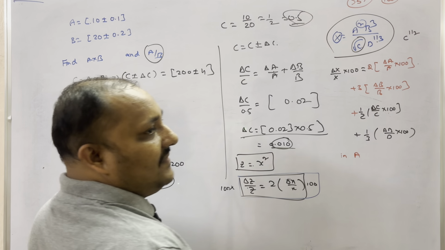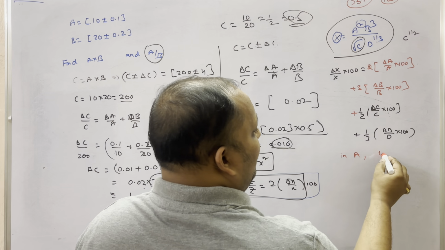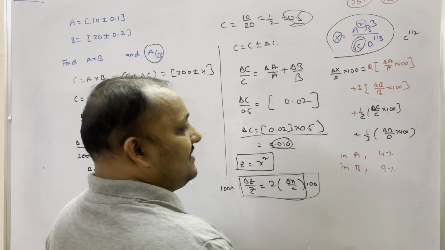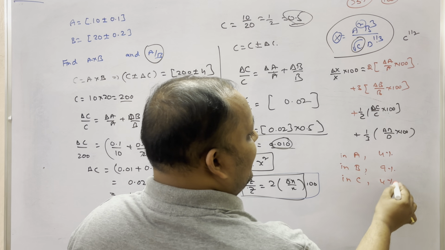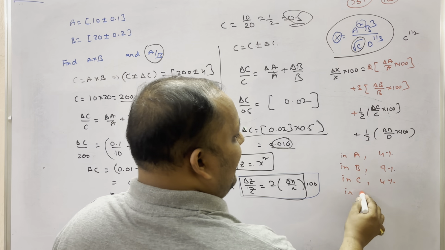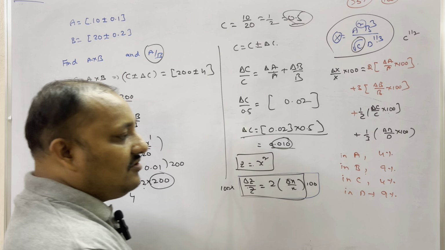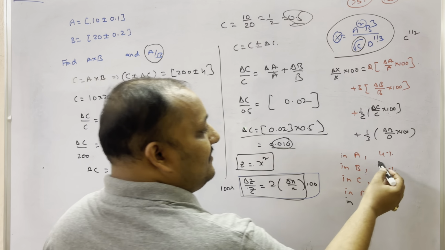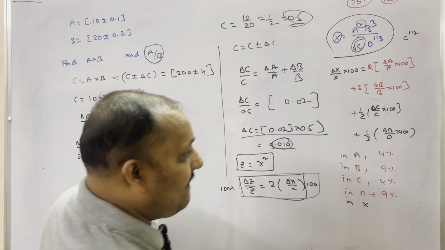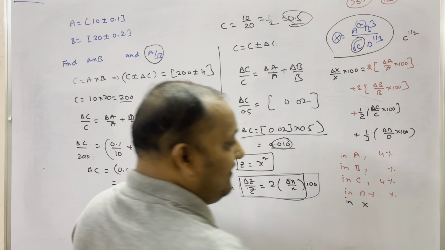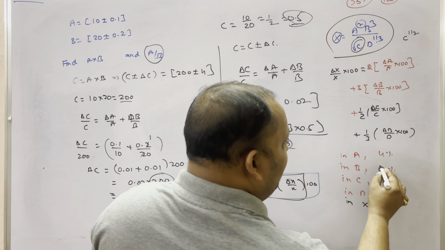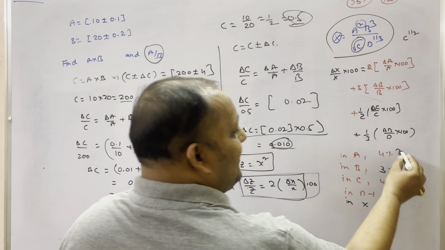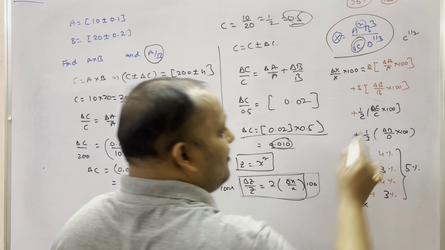In A the percentage error is 4%, in B the percentage error is 9%, in C the percentage error is again 4%, and in D the percentage error is 9%. What is the percentage error in X, they will ask. At that time, this is less than 5% you have to take. You should not take greater than 5%. So less than 5% problems you have to solve like this.